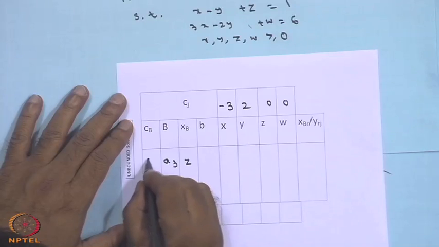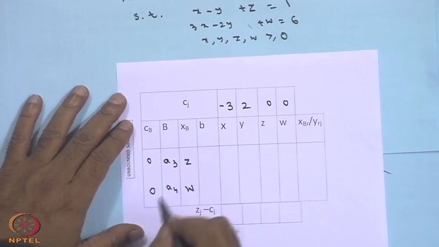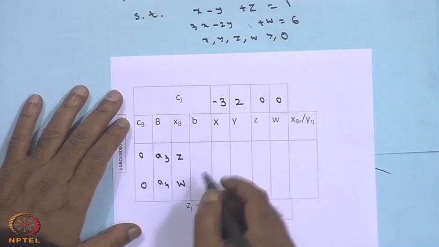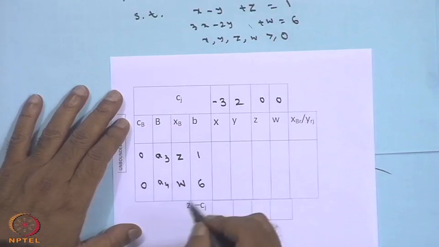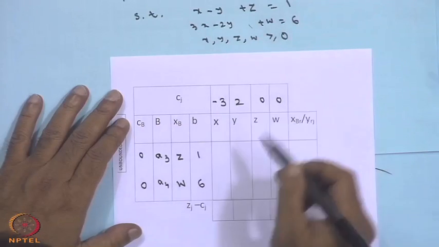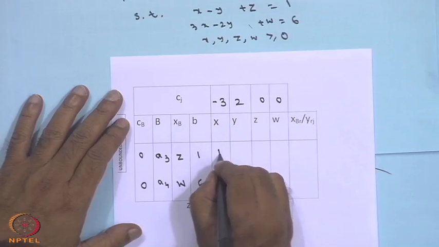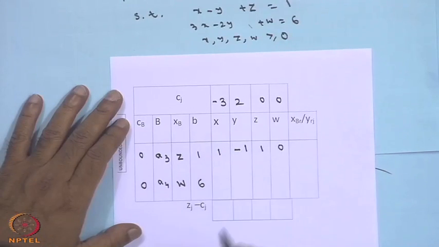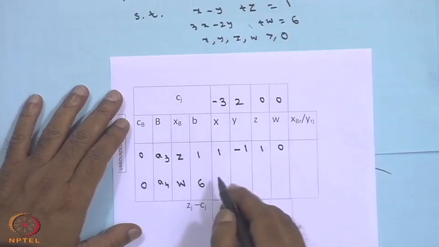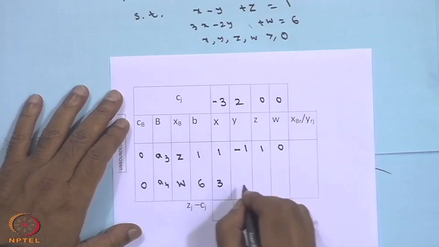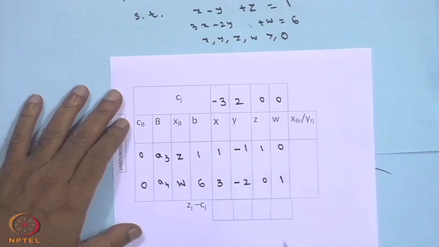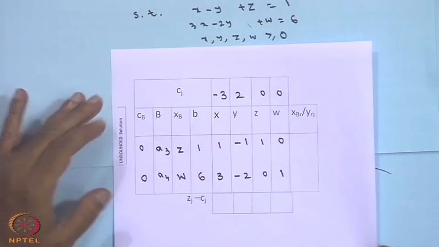Therefore, C b will be 0 and 0. Your b value is 1 and 6. Now, you write down the rows: x coefficient 1, y coefficient minus 1, z coefficient 1, w coefficient 0. For the next row, it will be 3, minus 2, 0 and 1. So, we are forming the table from here.